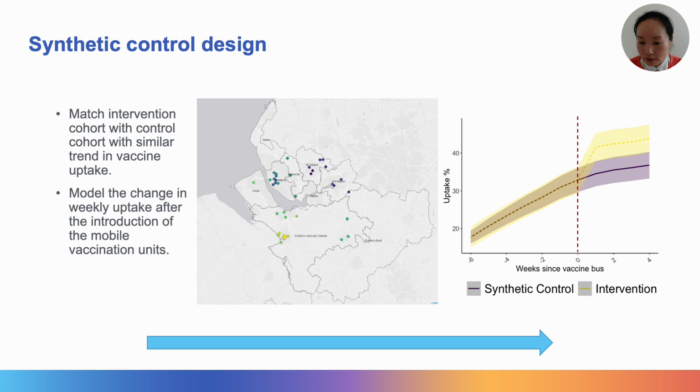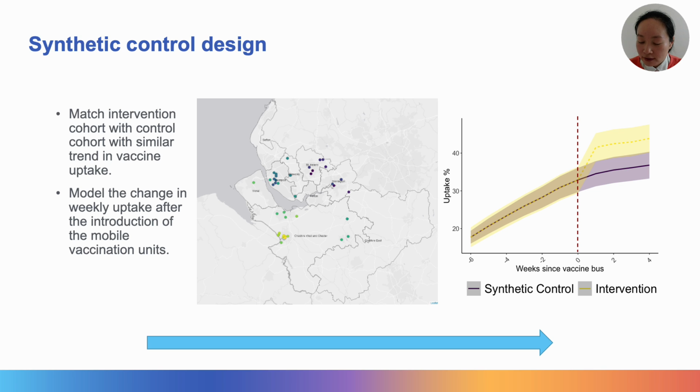As you can see in the figure at right hand side, the red dashed line at 0 represents the time point when the intervention was implemented.